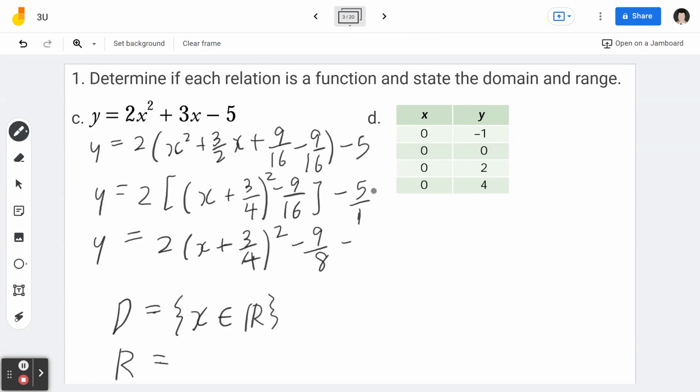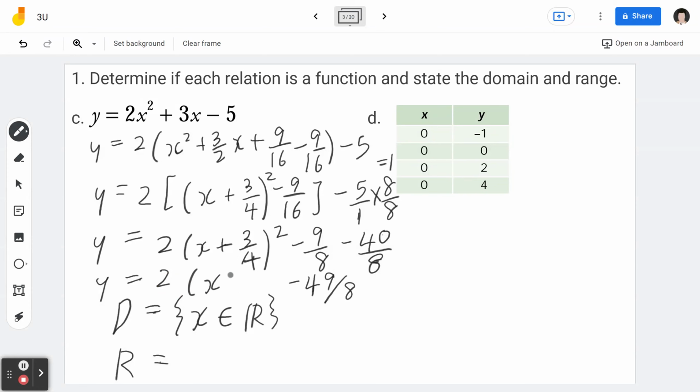And of course, you can multiply by 8 over 8, which means you're multiplying by 1. You're changing the form, but not the actual value. So this is going to be 40 over 8. And of course, if you think about negative 9 minus 40, that's going to be negative 49. So let's write this down. Negative 49 divided by 8. And of course, the rest of this you can copy.